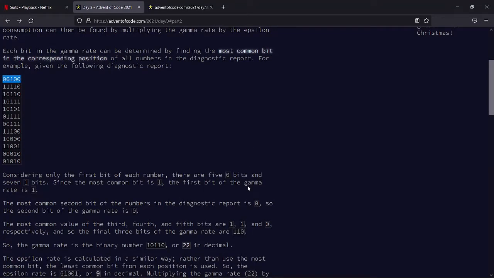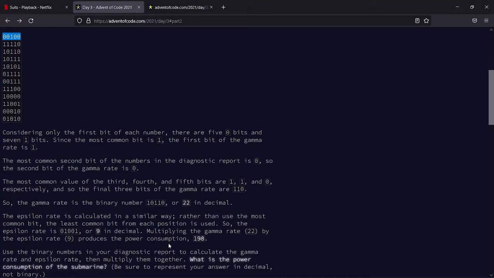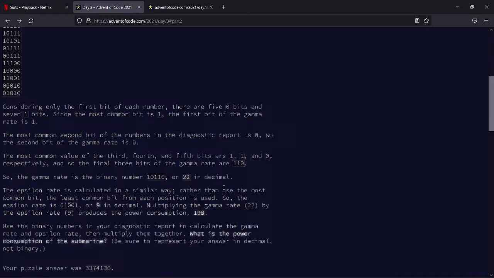Actually, epsilon would be the complement of gamma. So if gamma is 1 0 1 1 0, then epsilon would be the complement, 0 1 0 0 1. Converting those two to decimal and multiplying them would give the answer to the first part.